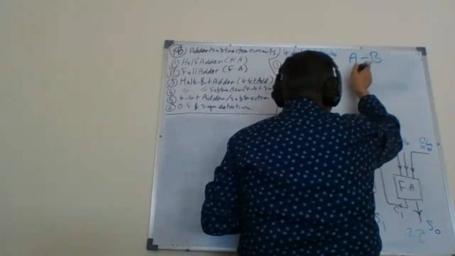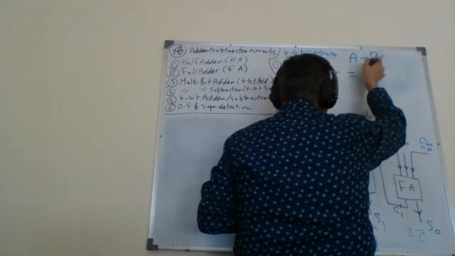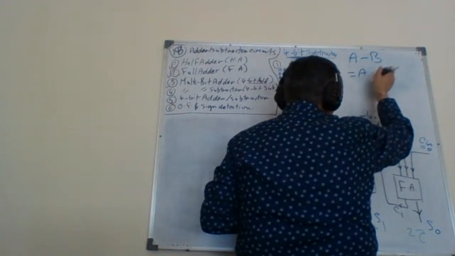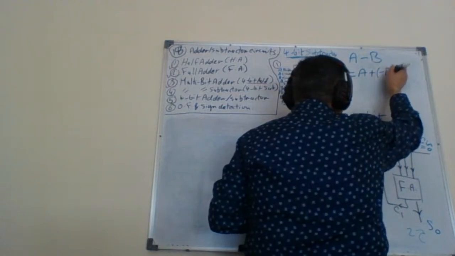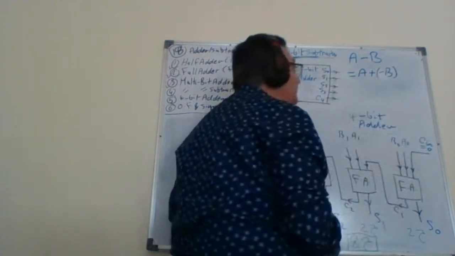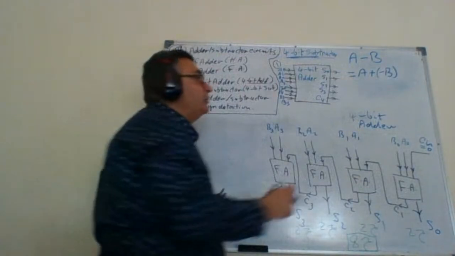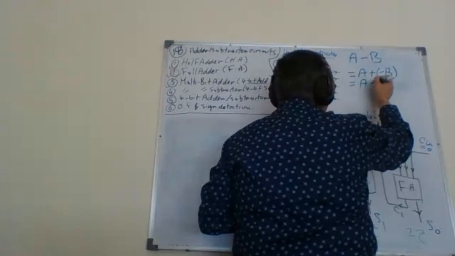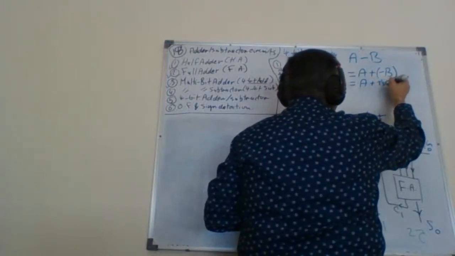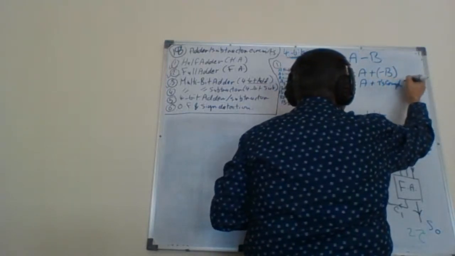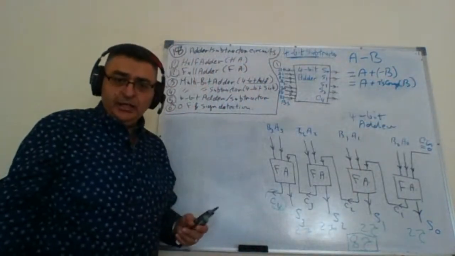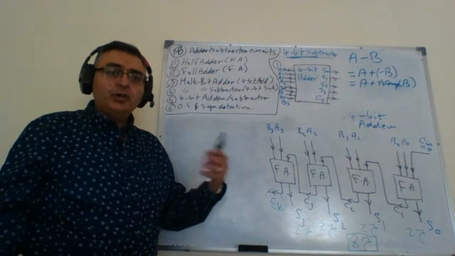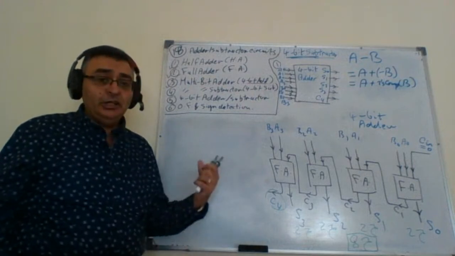We mentioned that in order to subtract those numbers, I can just convert the operation from subtraction to an addition. How? To get what we call the 2's complement of the subtrahend. So the 2's complement of B, when added to A, will give me the result of the subtraction. We learned that in chapter 1.